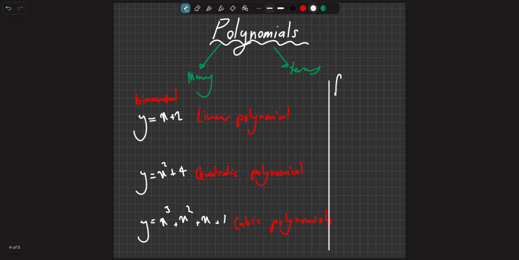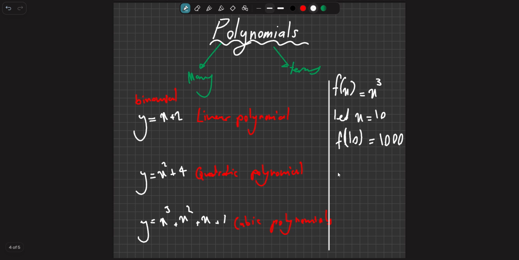Imagine f of x equals x to the power of 3. Okay. If we sub in, let's say 10 for x, f of 10 will be 1000, okay? Now let's compare it to another function, okay?